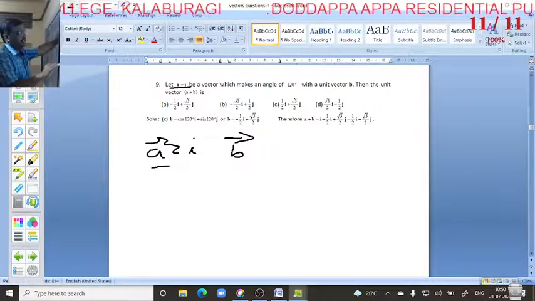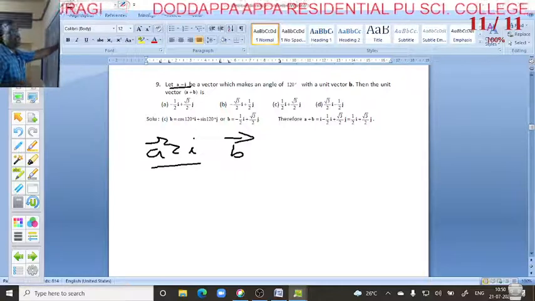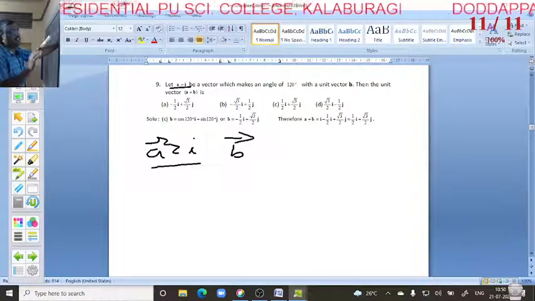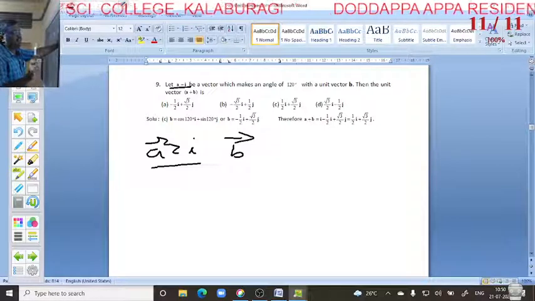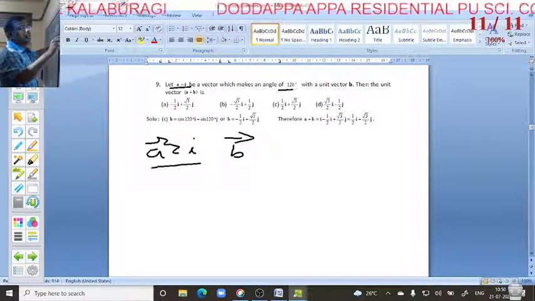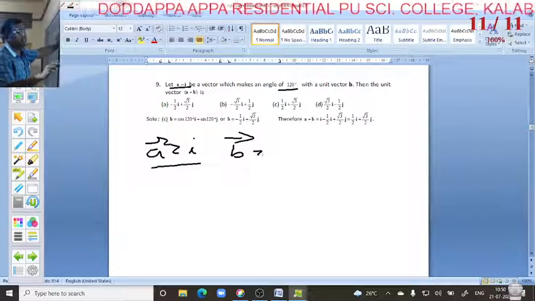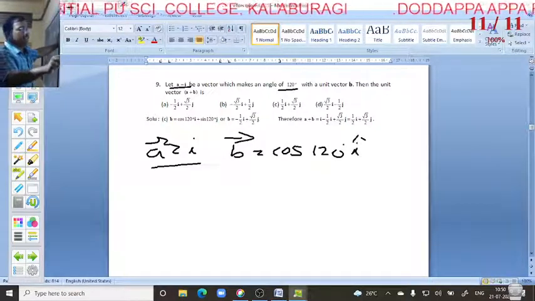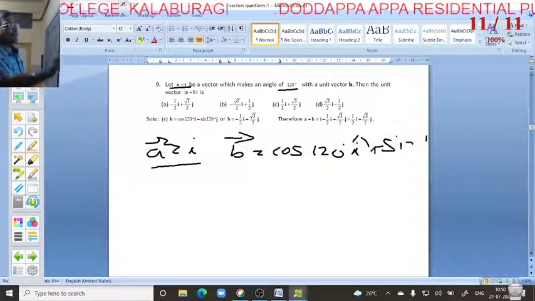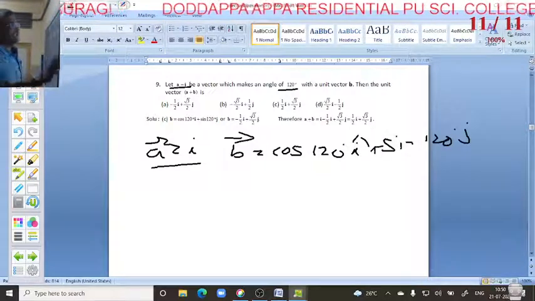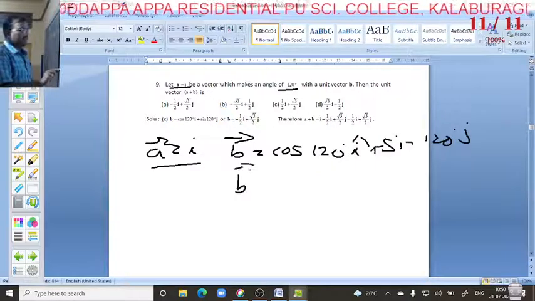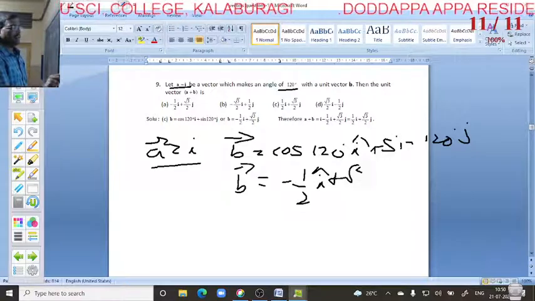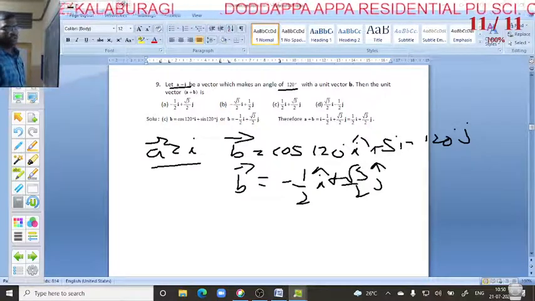Vector A equal to i is given. Next, vector B, what is given here? They did not mention, but you have to take 120 degree, which makes an angle of 120 degree. Means you have to apply cos 120 degree i plus sin 120 degree j, so vector B equal to minus 1 by 2 i plus root 3 by 2 j.